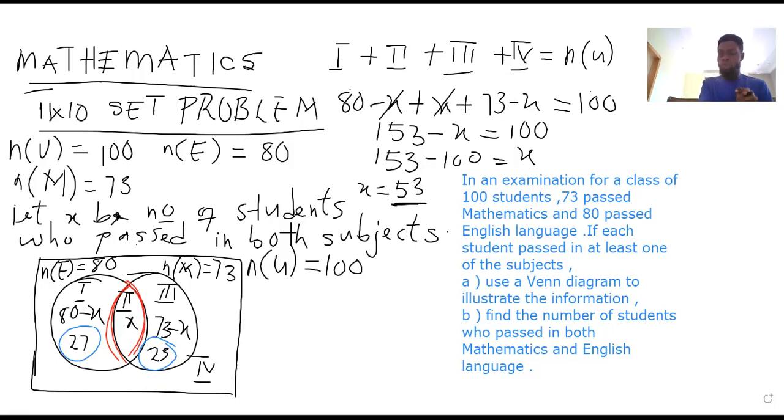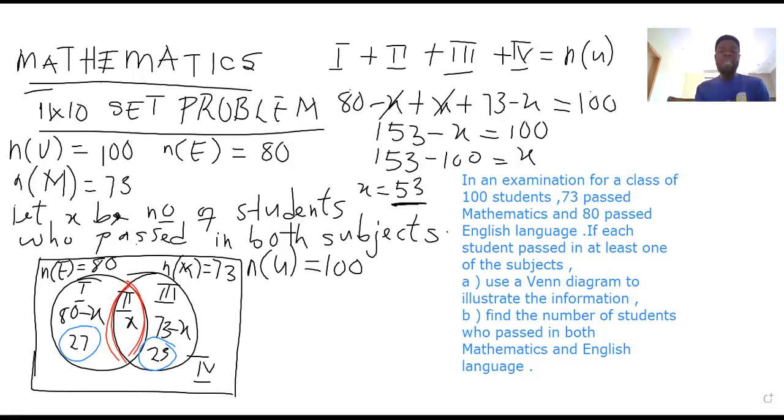That is one or two. So that should be 27 plus the intersection, that is 53, plus those who pass mathematics only, that is 23. When you hear or see the words one or two, you should add region 1 plus region 2 plus region 3.